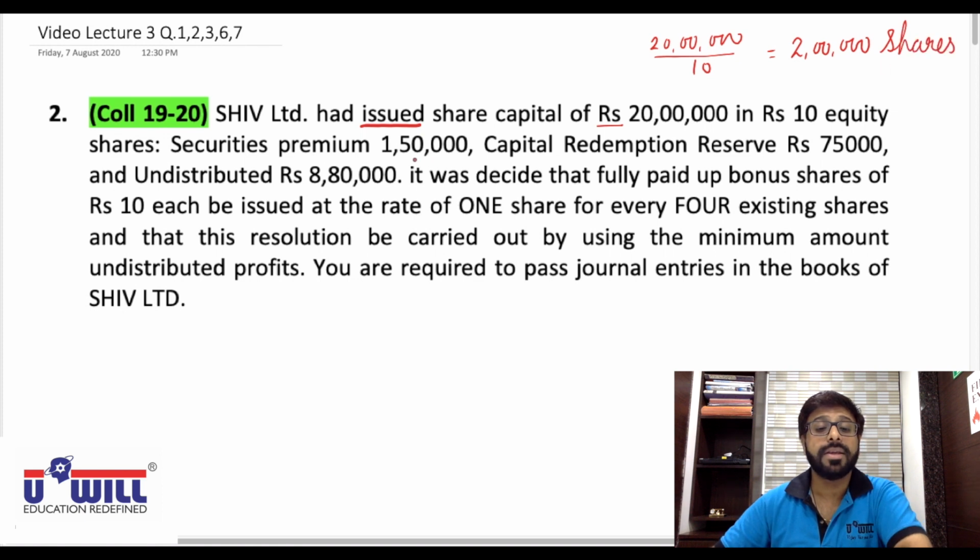I repeat, Shiv Limited had issued share capital of rupees 20 lakhs in rupees 10 equity shares. So capital amount is rupees 20 lakhs, 10 is the face value of shares. Then how many shares would there be? 20 lakhs divided by 10, 2 lakh shares.